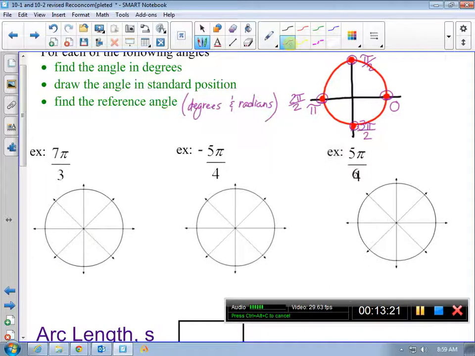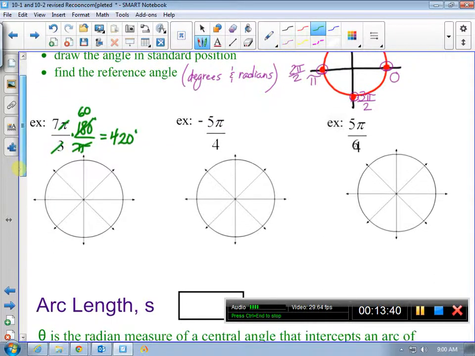So let's get started here. 7 pi over 3. First we're going to convert it. So we're going from radians to degrees. I've got 420 degrees. In standard position, that angle swings around more than once. You might want to know in advance how much more.